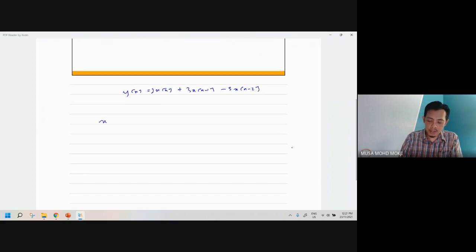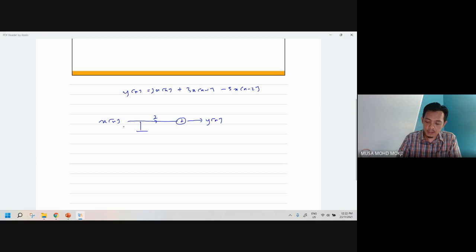Actually you start with xn, and then you should get your yn, and you need to sum everything. So for xn, you need to multiply by 2. Actually you have 2 here. Xn multiplied by 2, so 2xn. That is only one term, so we need to sum it with the rest.